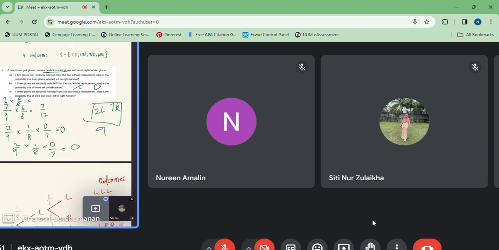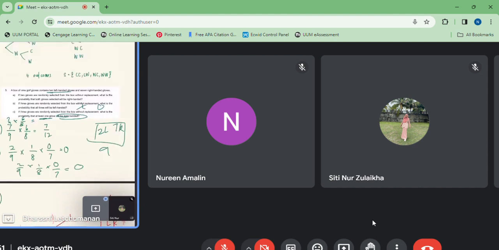The last question, if 3 gloves are selected from the box without replacement, what is the probability that at least 1 glove will be right-handed? So, when you read that 3 gloves are randomly selected, it means we have 3 picks.